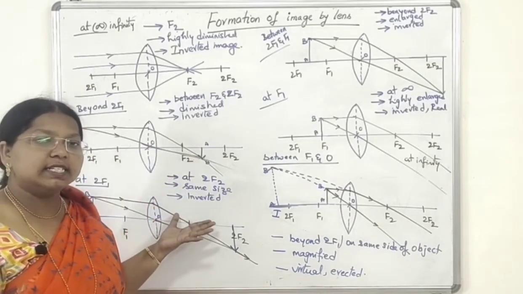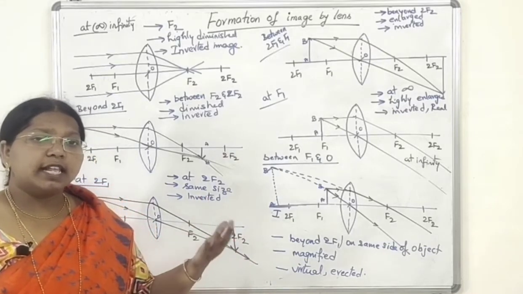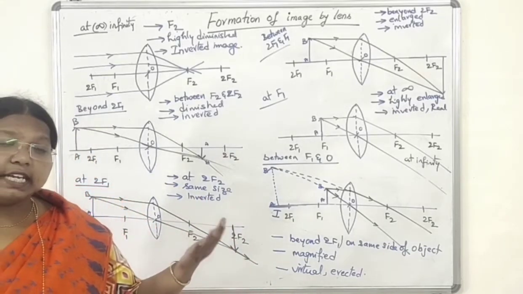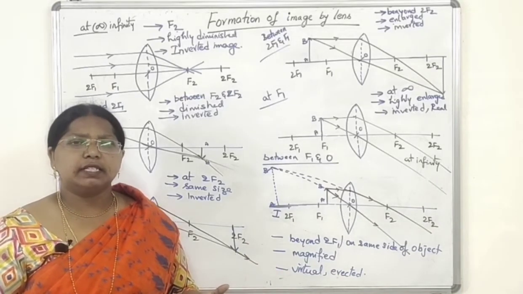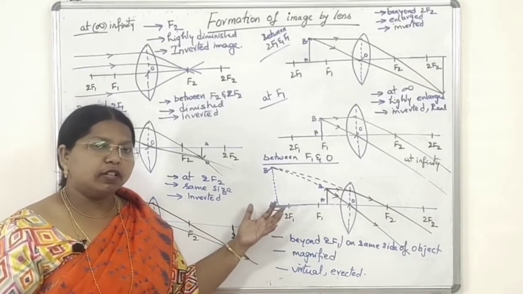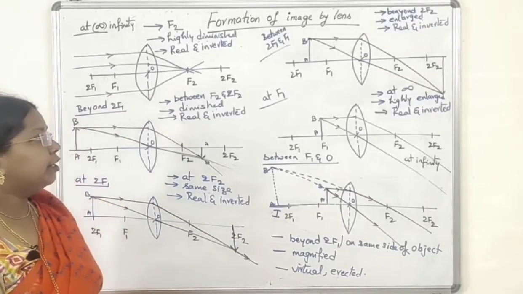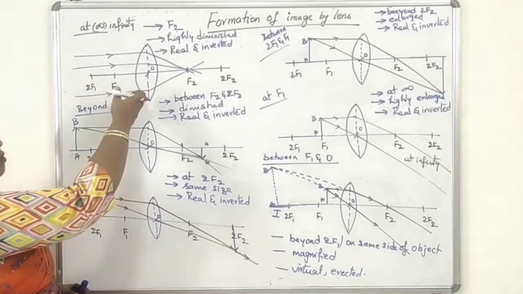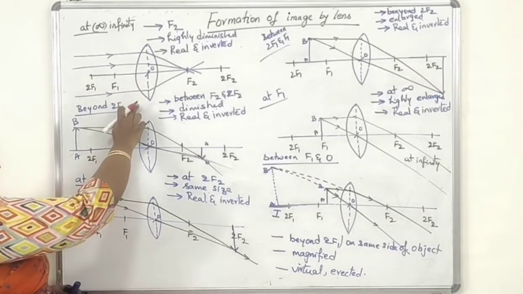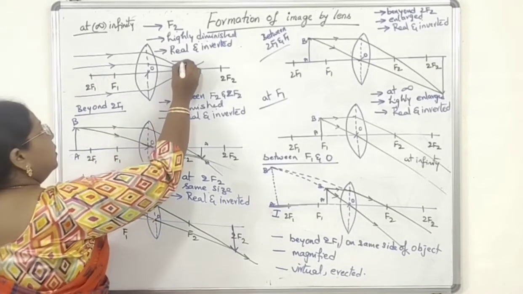Now we will see the applications of all these positions, because these lenses are used in different places: in cameras, in slide projectors, in microscopes, in telescopes. So I will tell the applications of all these now. Generally we see this type of application in burning glasses.